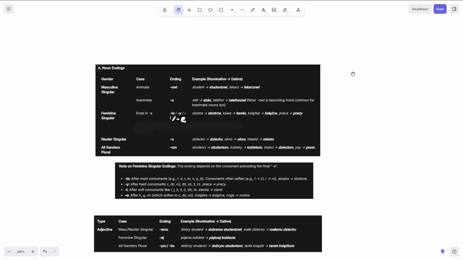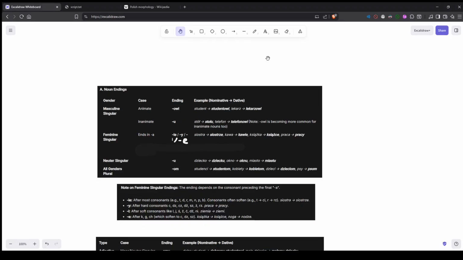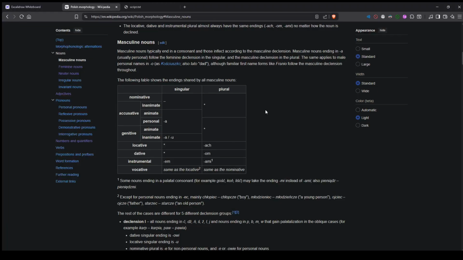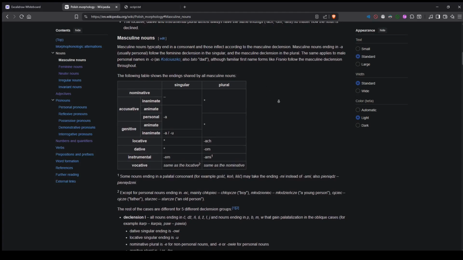So I am actually not so sure if there are certain words that can happen in both ways. For example, in both u and ovi. And when we go back to our handy little Wikipedia page with the Polish morphology, okay?